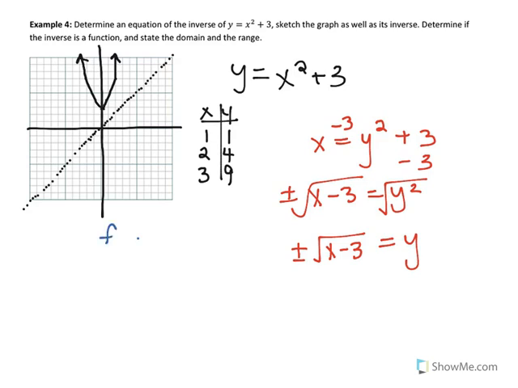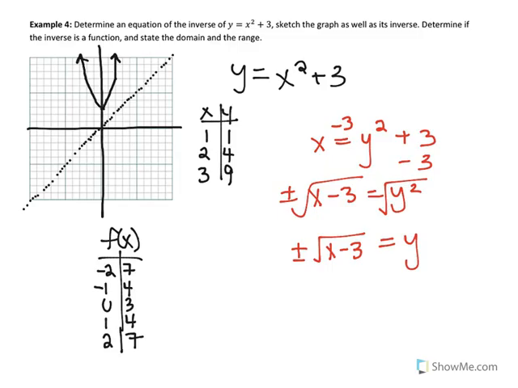Let's graph our inverse function. So we have f of x. Let's do that in black actually. F of x. So we have the points -2 and 7, -1 and 4, 0 and 3, 1 and 4, 2 and 7.